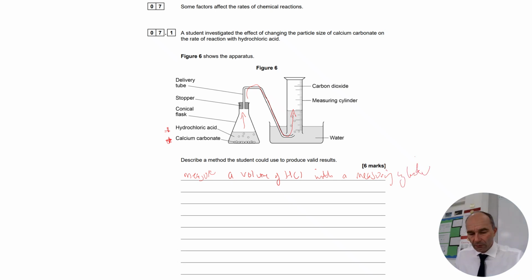We're going to measure a mass of calcium carbonate with a balance. So we need to be talking about what equipment to use. Don't assume that the examiner knows what you're talking about if you're just saying measure the mass. Be specific, use a balance.